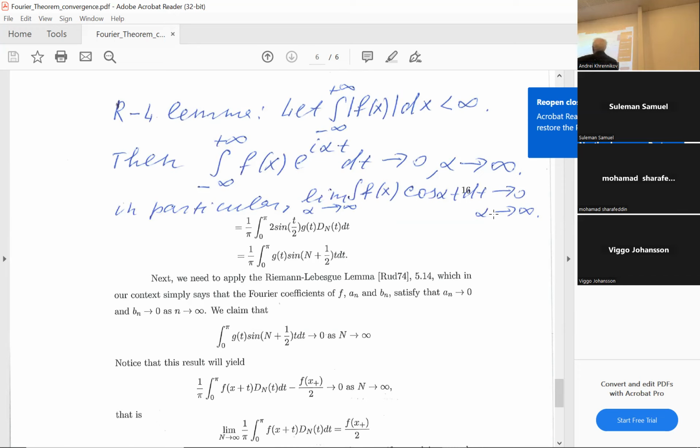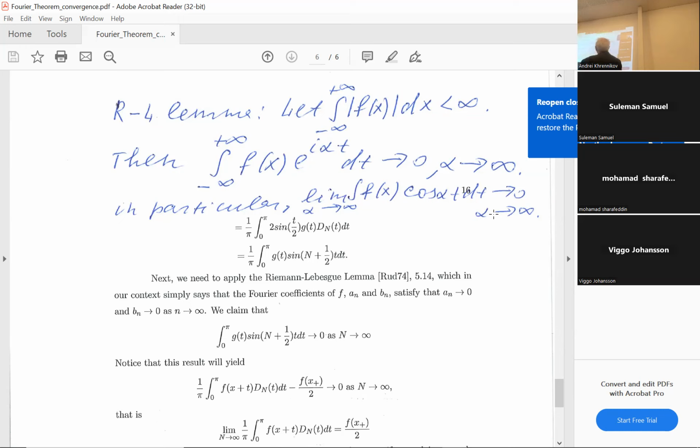And now they say that we should use the Riemann-Lebesgue lemma. And then this goes to 0 when n goes to infinity. So this is the end of the proof. So this goes to 0. And the same we do on the other block from minus pi to 0.